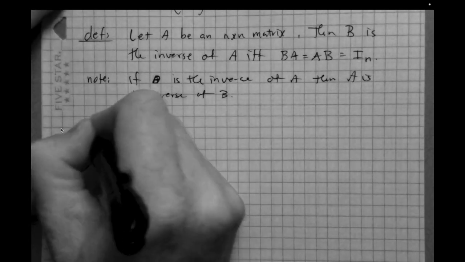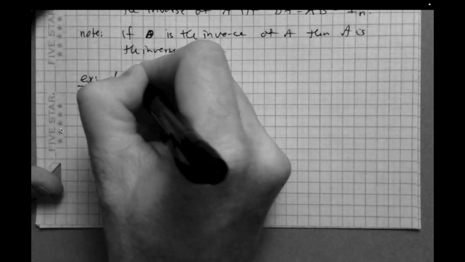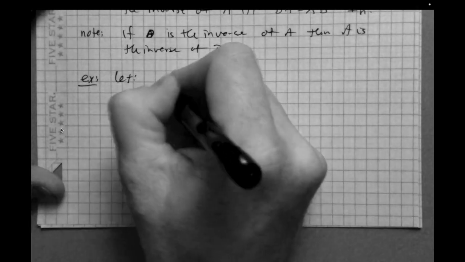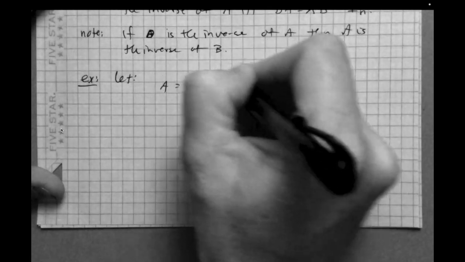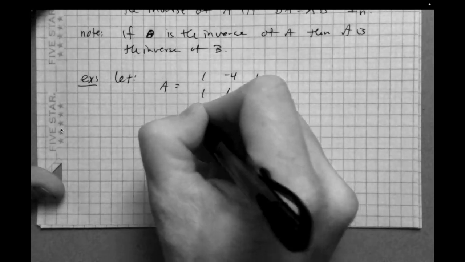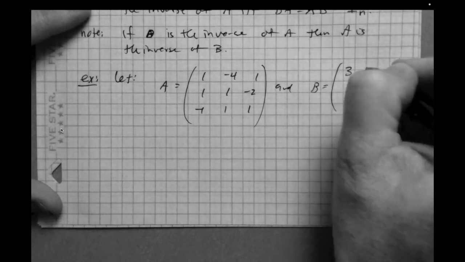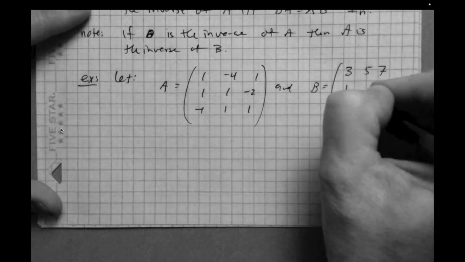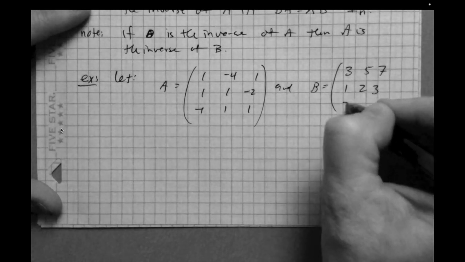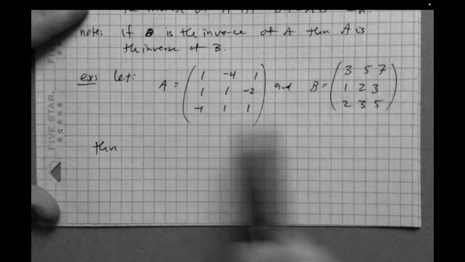Let's do an example here. I'll leave it to you to verify this, but if we have A equals 1, -4, 1, 1, 1, -2, and -1, 1, 1, so this 3 by 3 matrix, and if we have B equal to 3, 5, 7, 1, 2, 3, and 2, 3, 5, then A and B are inverses of one another.